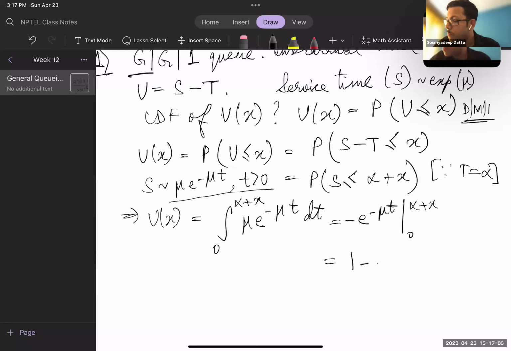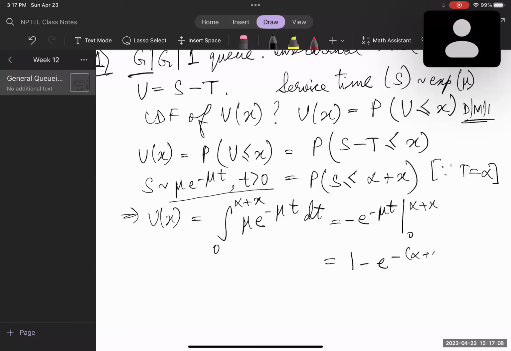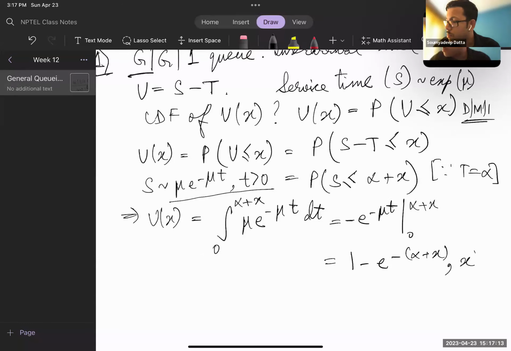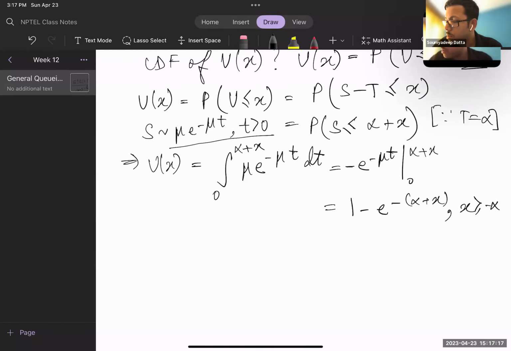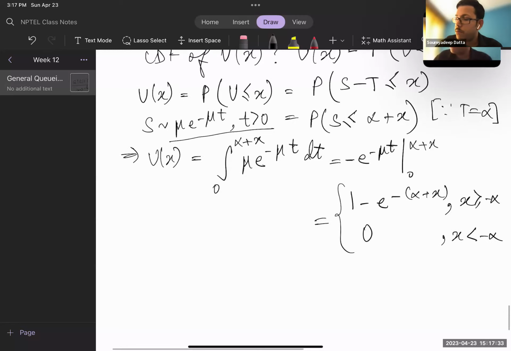So this is correct, right? Yes, sir. Thank you. And then this will be 0 for x less than minus alpha. This should be correct. So I missed the lower limit.